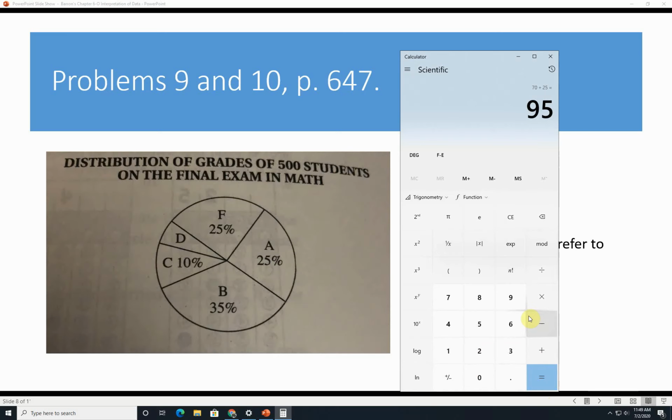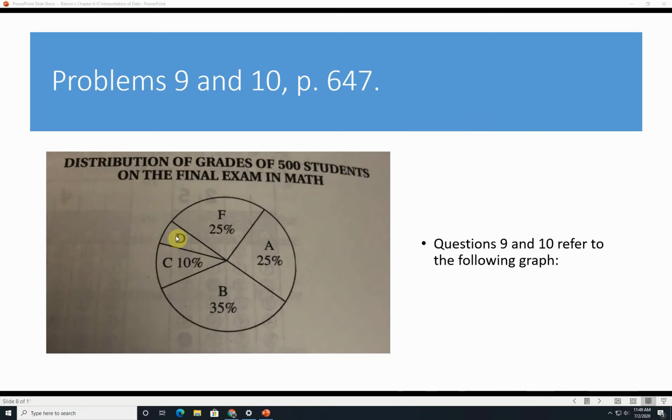So we know that 95% of the students got either an A, B, C, or an F, so the D would have to be 100. Again, you can just subtract out 100. Fine, it's -5. We know it's really a +5. So we know 5% got a D.